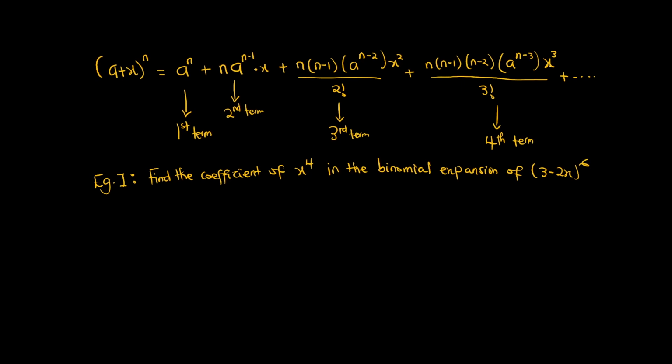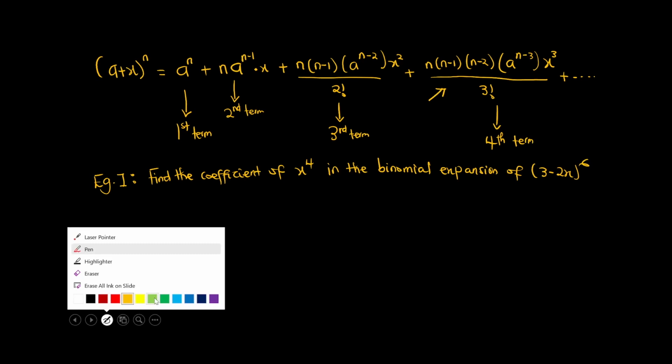Okay, now if you look at it, we've only expanded up to x raised to the power 3. Are you okay? So if we continue from this expansion, the fifth expansion after here, which will have the coefficient of x raised to the power 4, will be from here. Let me use a different color so that we can all follow along.